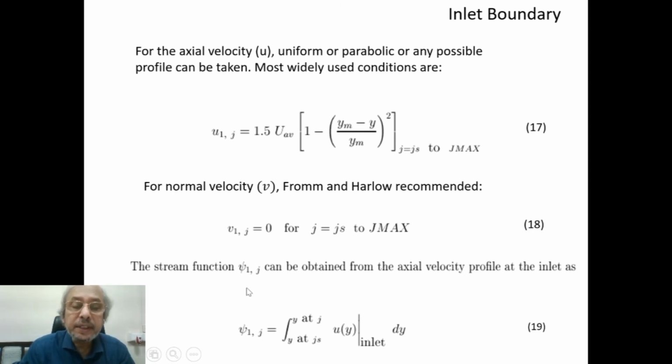Next, we will work with the stream function. And as we have already said, the stream function can be obtained from the axial velocity profile, by integration of the axial velocity profile, which has been defined by equation 17. Here again, ψ at I equal to 1 for different j's, j equal to 1, 2, 3, 4, up to j max. Rather, j equal to js to j max, we will integrate from y equal to js to the specified j.